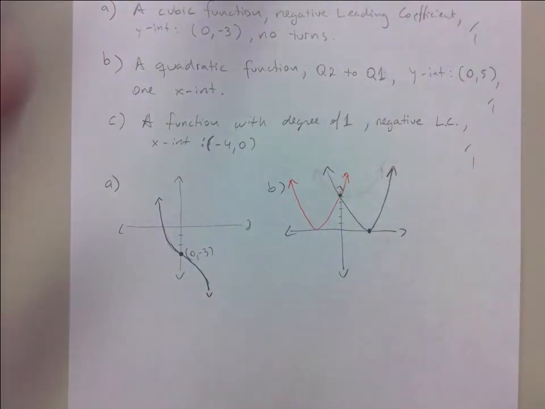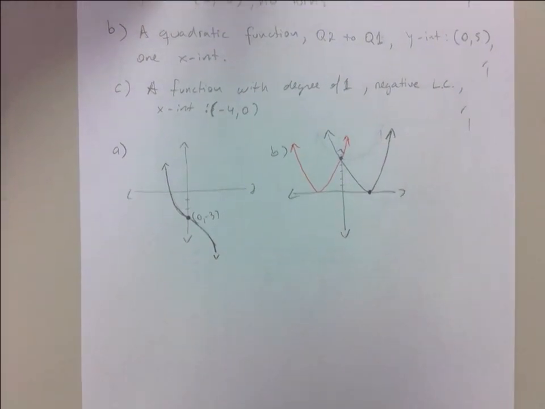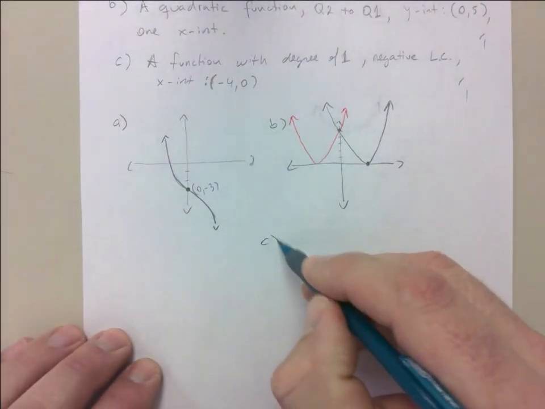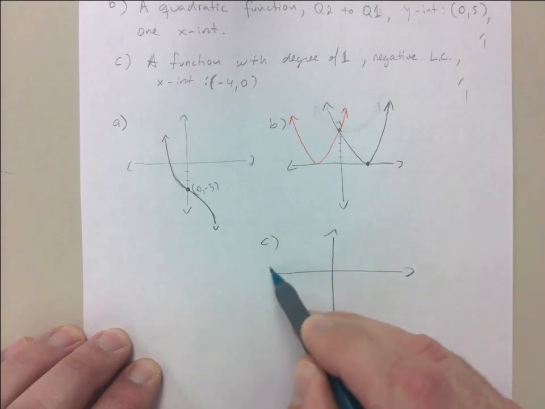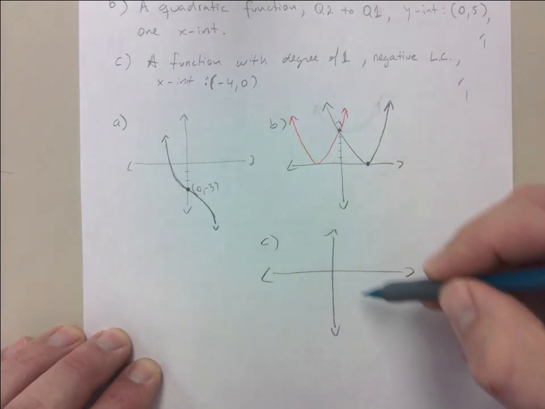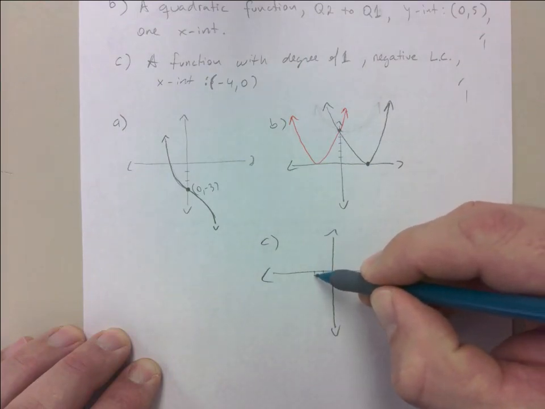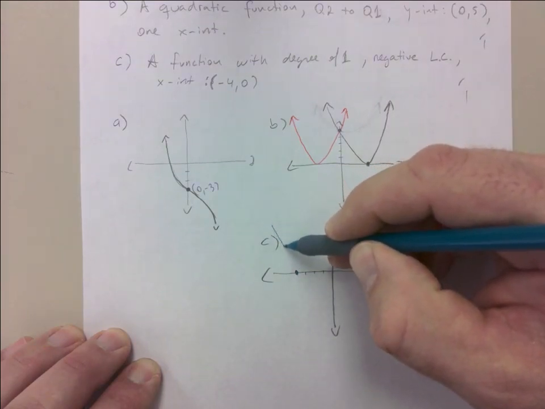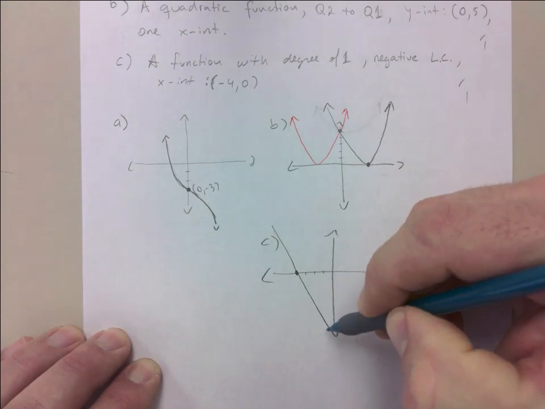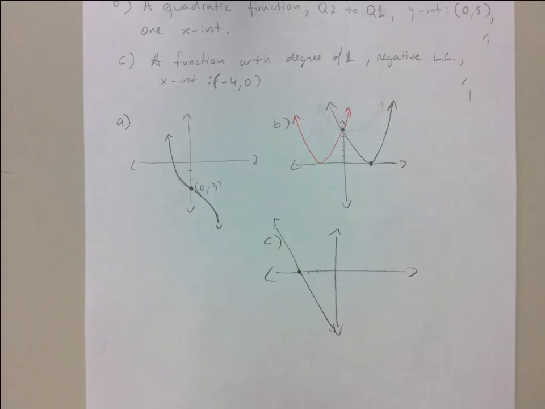C, a function with a degree of 1, negative leading coefficient, x-intercept of -4. So I'm going to do C right here. Negative leading coefficient means it's going to drop from left to right. Its x-intercept is 1, 2, 3, 4 right here, -4. So my graph is going to do something like this. It just has to drop from left to right.